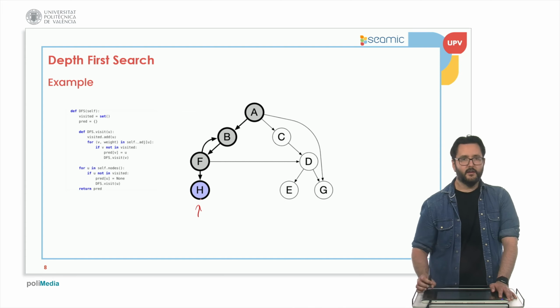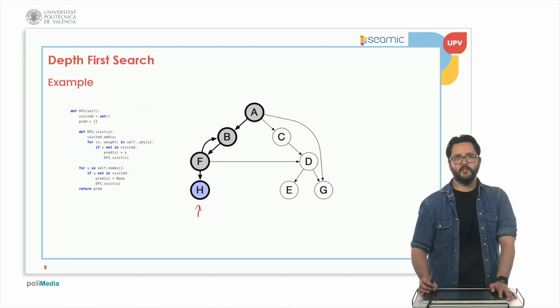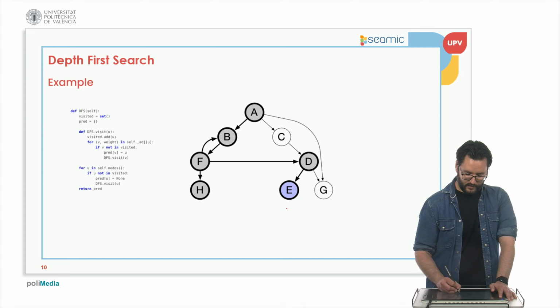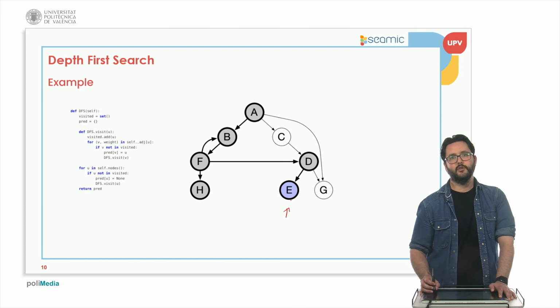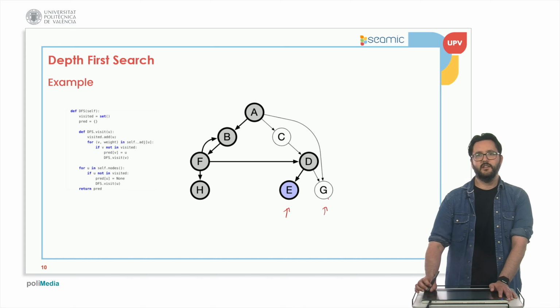As H has no neighbors, we can continue iterating over the adjacents of F and then visit D. From D we can go to E, and from E, as this has no neighbors, we can visit the second adjacent, that is G.